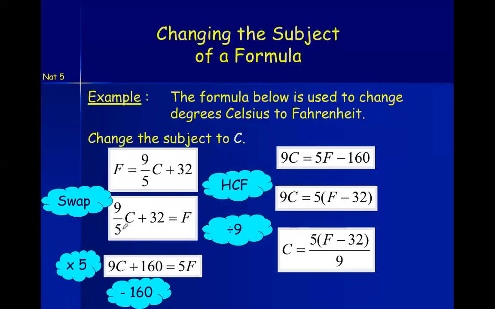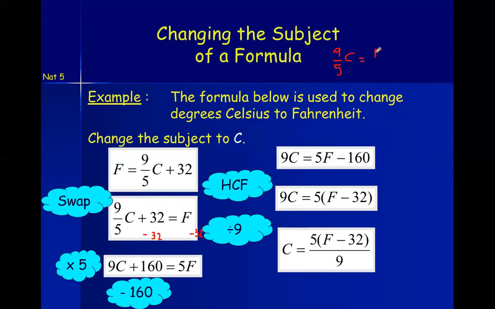If you didn't time by 5 to start with, we could have just said, from here, I'm going to take away 32 both sides, and then you would get your f minus 32. That means you don't have to worry about the fraction. So then that means you would have 9 over 5c equal f minus 32, like this. That would be another way of doing it.